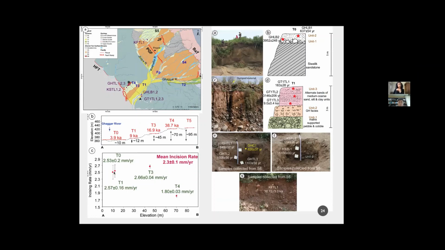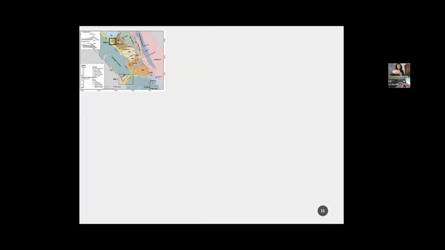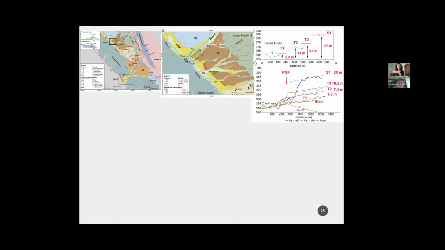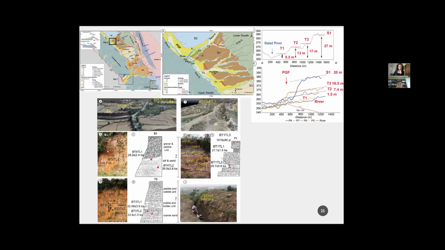Then we went inside the Dun area and targeted the Pinjore Garden Fault. So previously we targeted the Himalayan frontal thrust, and now we are targeting the hinterland Pinjore Garden Fault. Similarly, we did across-fault and parallel-fault topographic profiles. And here is a field photograph of the terraces, and then we determined the incision rate along the terraces.